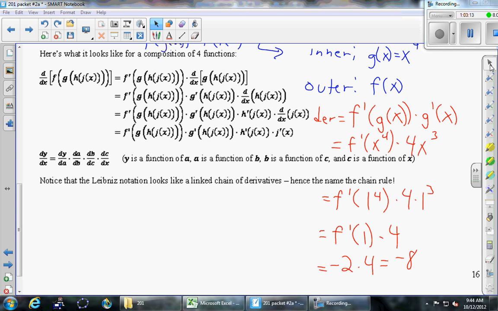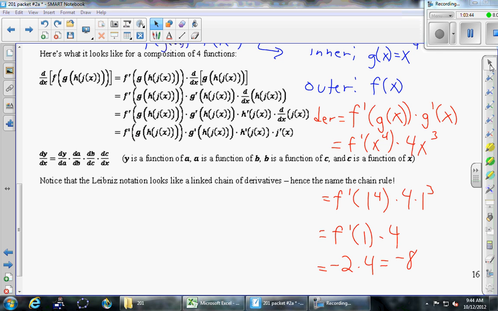There's nothing super interesting about this kind of problem, but I do think that this really makes it so that you can't just memorize the special rules. We started with 4 special rules: sine of stuff, e to the stuff. I think that's great. It'll take you pretty far. But the chain rule is something more general than those 4 special rules. And so this kind of problem really pushes your mind to see if you can adapt the general chain rule to some crazy thing that I give you.